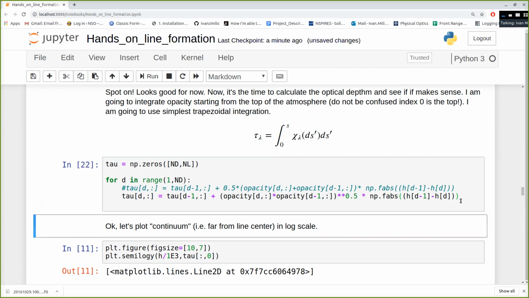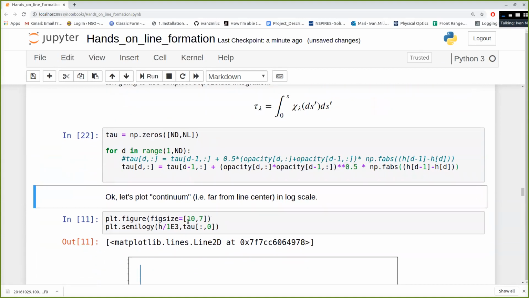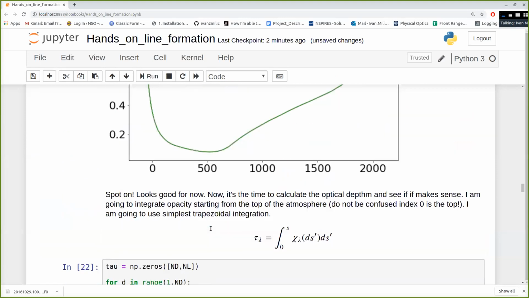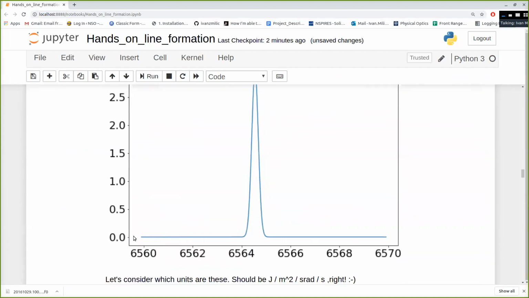Okay. So what I'm going to do now is check the magnitudes of these optical depths that I'm obtaining. I'm plotting how the optical depth changes with height at my point which is furthest away from the line core, basically 0.0, where the opacity is very low.